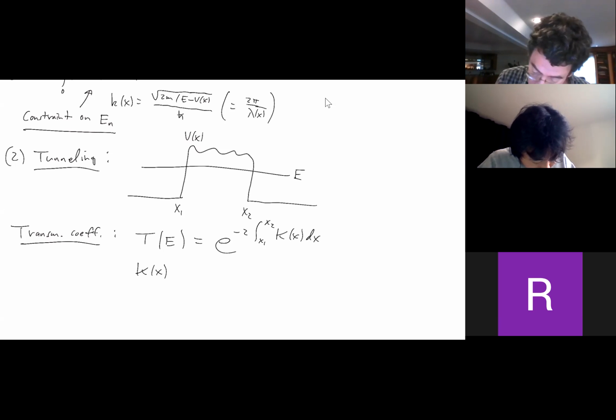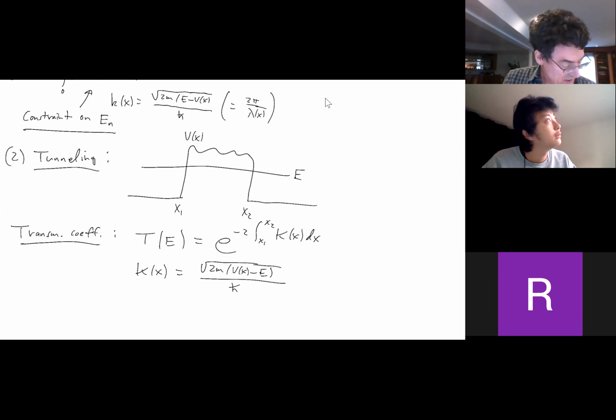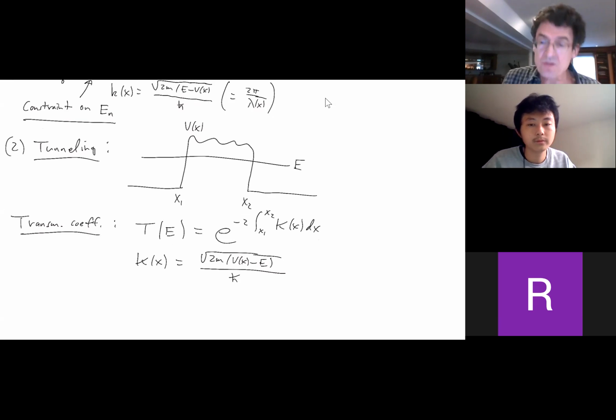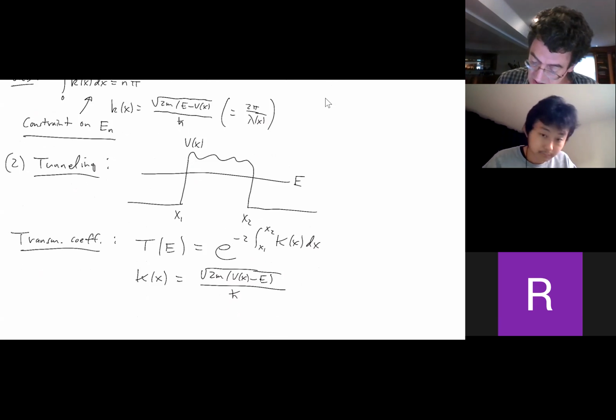Kappa of x is equal to the square root of 2m(V of x minus E) over h bar. Okay, and those are the two most famous results of WKB.